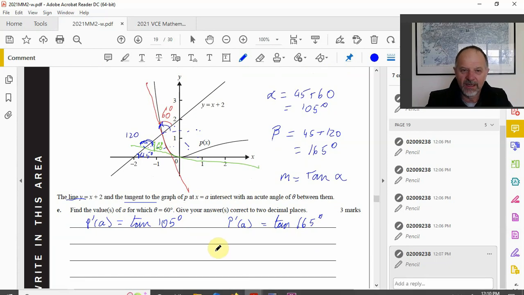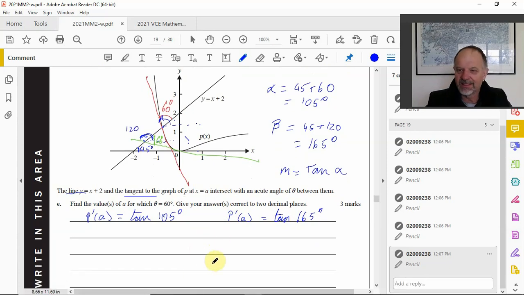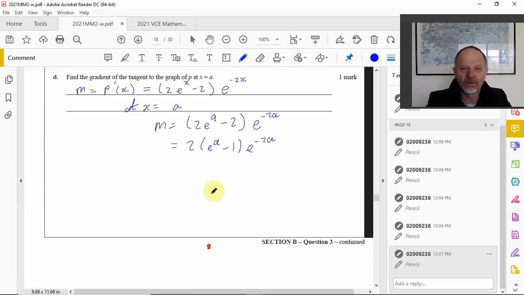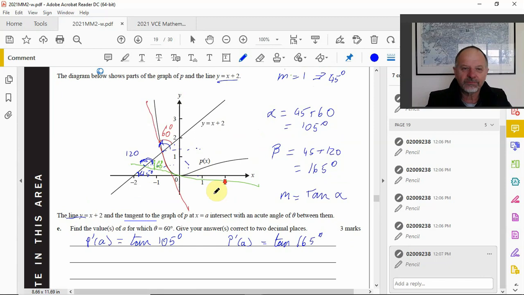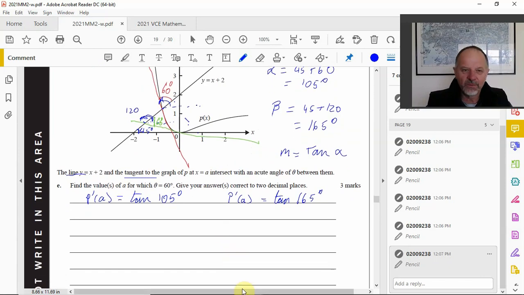And as I said in the previous part, we found out what that gradient was. Here it is. And so what we know is that 2 bracket e to the a minus 1 bracket e to the minus 2a is equal to tan 105 degrees.